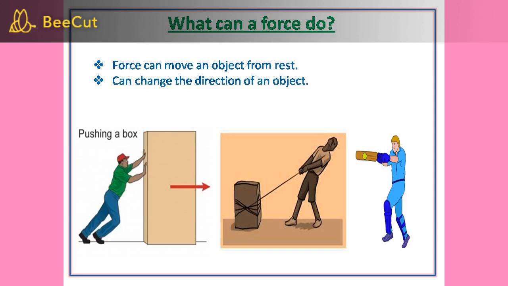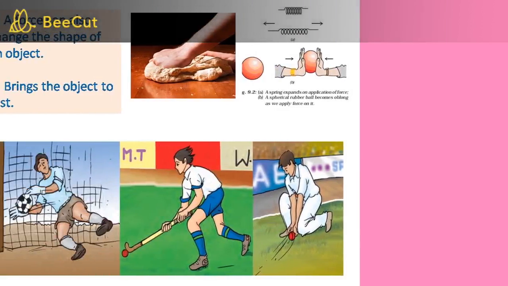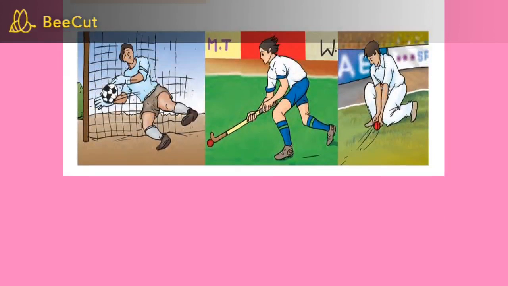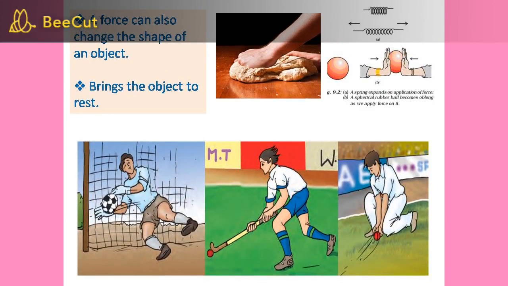So we can move an object from rest by applying force. Okay? The second point is we can change the direction of an object by applying force. For example, when a batsman is batting, what does he do? Yes, he changes the direction of the ball.